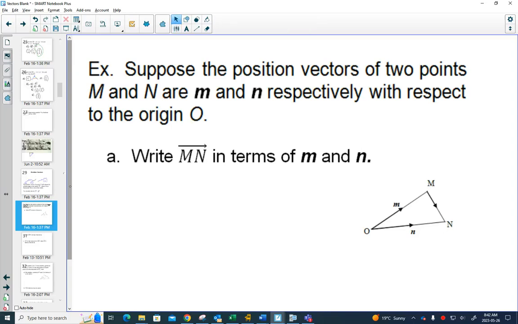So we have two position vectors here, position vector M and position vector N. And the question is, if you were at M and you wanted to get to N, but you had a robot that could only move in these two directions.